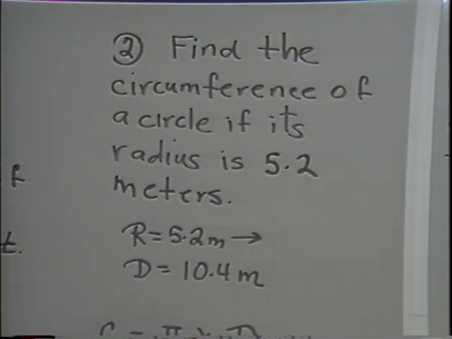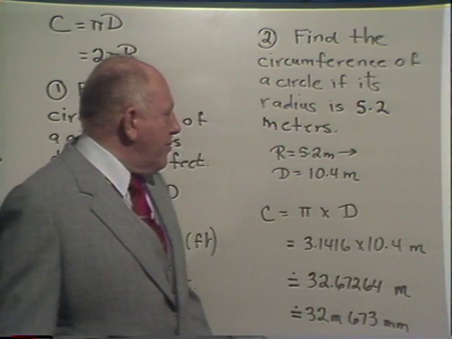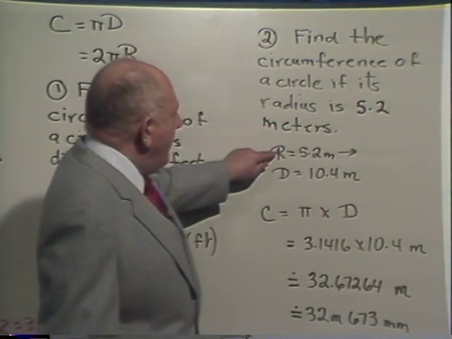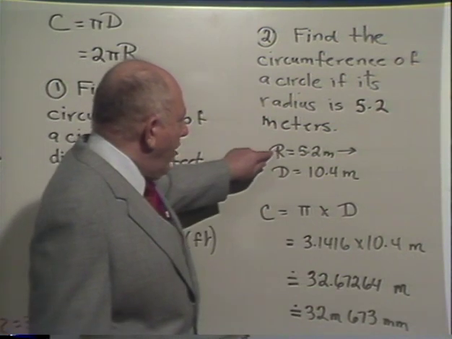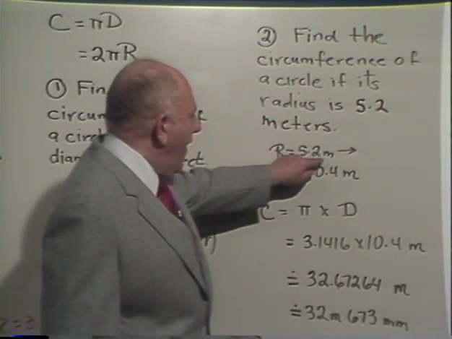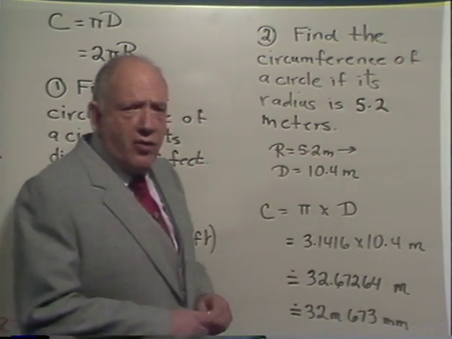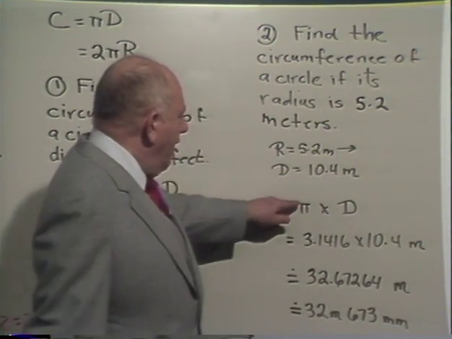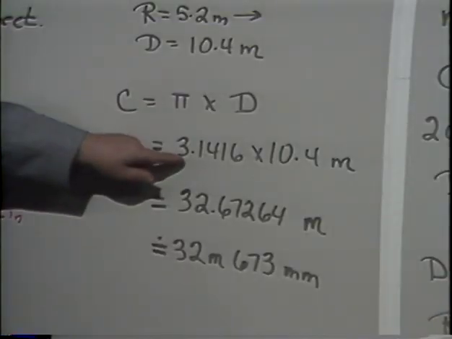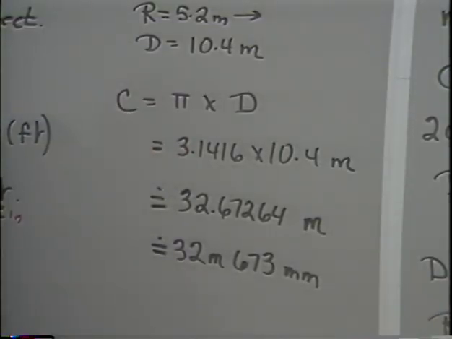So what? The circumference is still pi times the diameter. However, the 5.2 isn't the diameter, that's just the radius. The diameter is twice the radius, so if the radius is 5.2 meters, the diameter is going to be twice that, which is 10.4 meters. So what do I do now? To find the circumference, pi gets replaced by 3.1416.